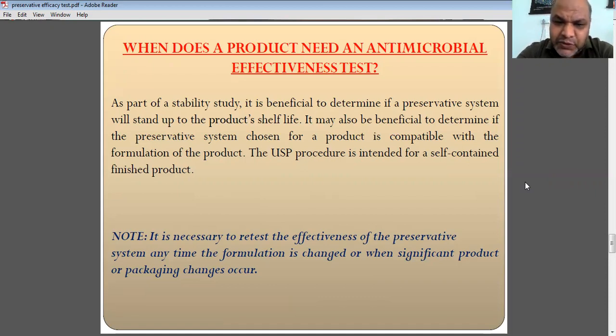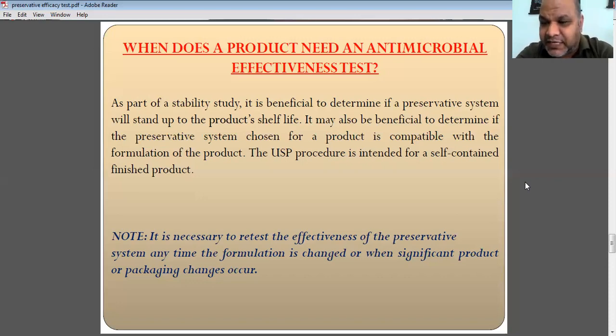So this USP procedure is actually intended for self-contained finished products. This United States Pharmacopoeia procedure for the microbiological limits is based only on those products which are self-contained finished products.